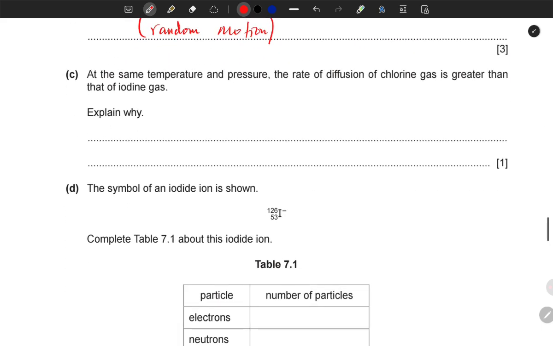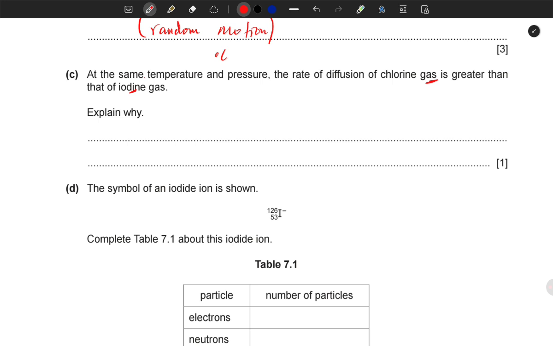At the same temperature and pressure, the rate of diffusion of chlorine gas is greater than that of iodine gas. Explain why. What do we know about iodine and what do we know about chlorine? It all has to do with their masses on the periodic table.